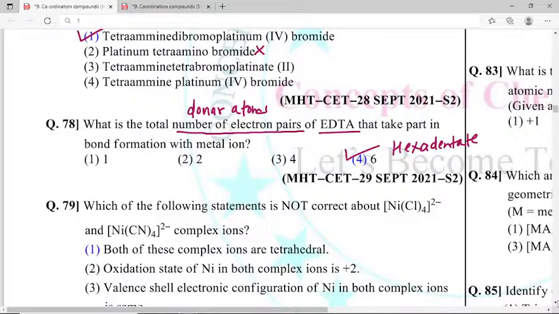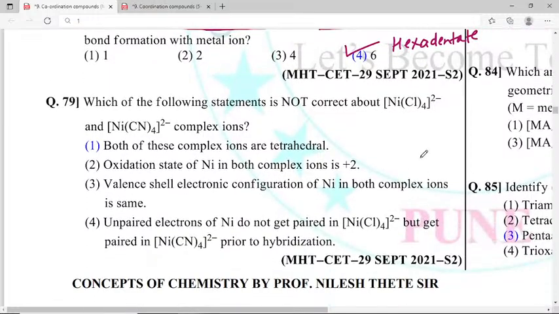Which of the following statements is not correct about [NiCl4]2- and [Ni(CN)4]2- complexes? Both of these complexes are tetrahedral. No, this is wrong, this is not true. [NiCl4]2- is tetrahedral, but [Ni(CN)4]2- is square planar.